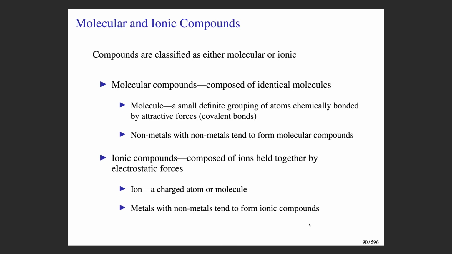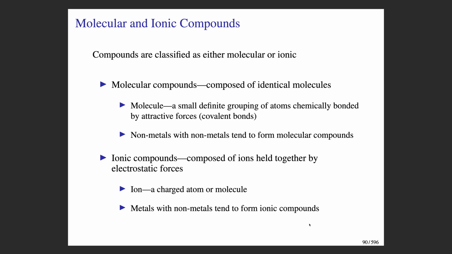So compounds can be classified as being either molecular or ionic in nature. Molecular compounds are composed of identical molecules, and molecules are small, definite groups of atoms that are chemically bonded together by attractive covalent bonds.